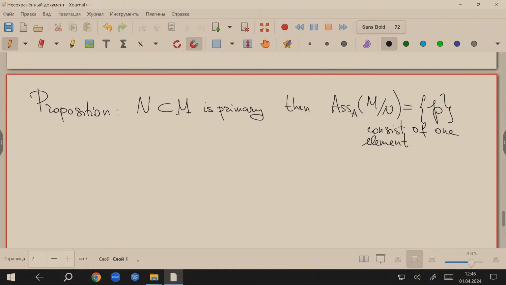Notice that this is an if and only if. So if the set of associated primes is equal to {P}, then this implies that N is primary.